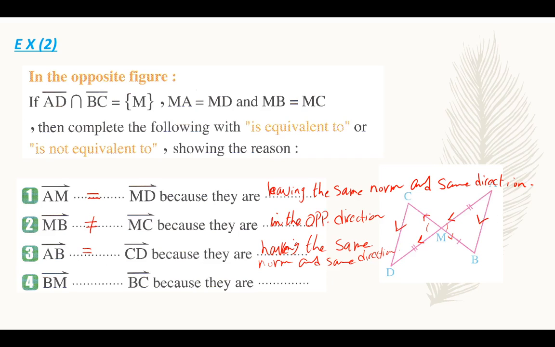And what about BM and BC? BM and BC are not equivalent, because they do not have the same norm.